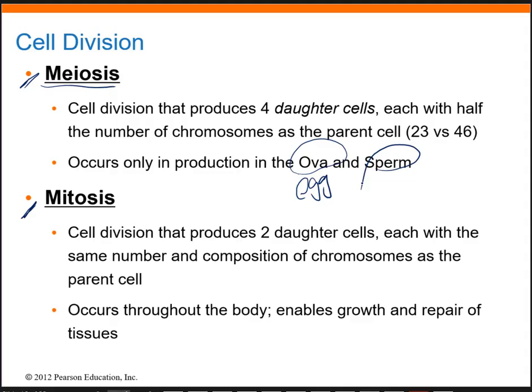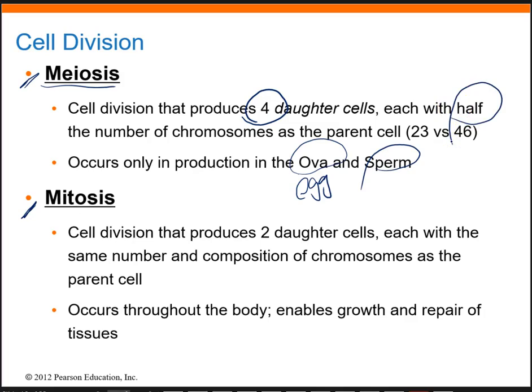Now this cell division is different. It's like two divisions. The cell divides once and then it divides again. So because it divides twice, it ends up producing 4 daughter cells, right? Like 4 new cells. And each of those cells only has half the number of chromosomes as the parent.